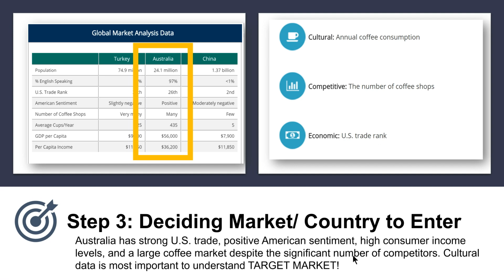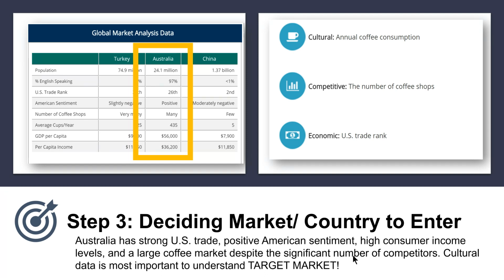So the exercise or the simulation also asked, all right, well, you could have 3 more types of data that we would give you. If you only had these 3 options, which one would you take? Well, you could take the cultural data, like how much coffee, real in-depth coffee analysis. You could get competitive data on the number of coffee shops, or economic data.